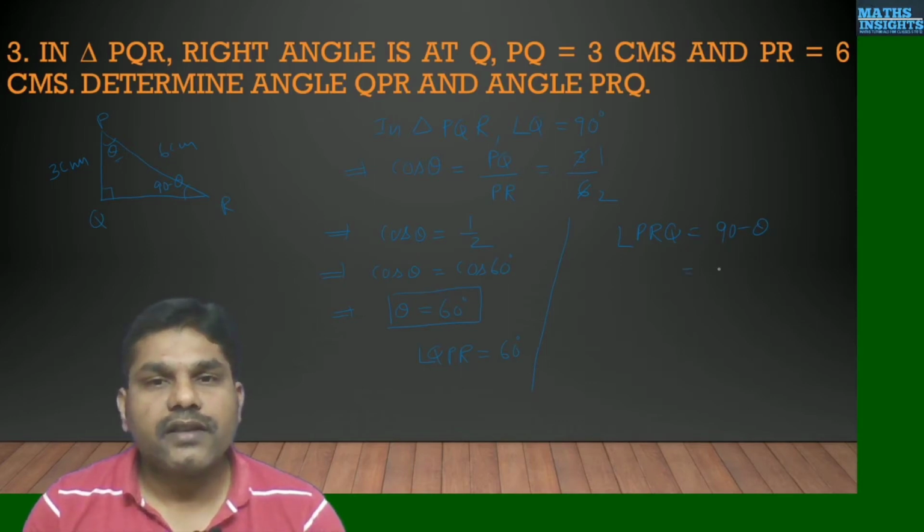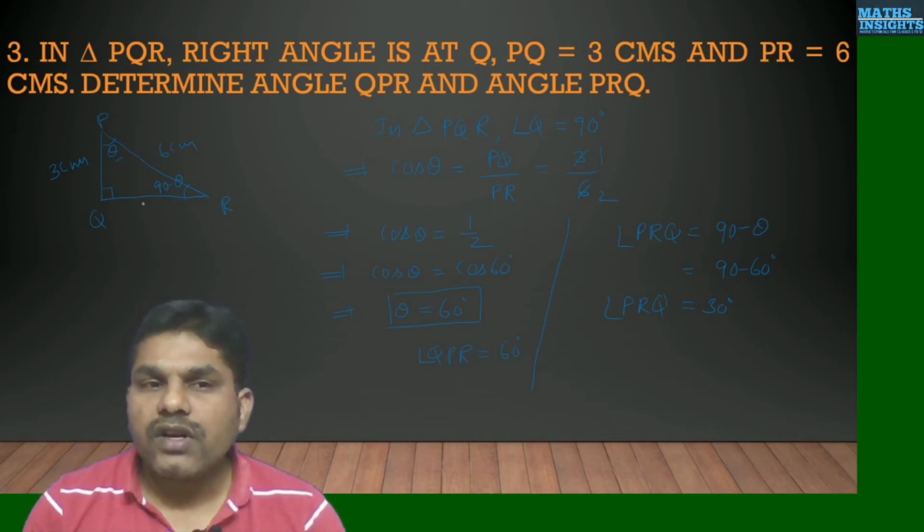You calculated theta already, so 90 minus 60 is equal to 30 degrees. So this is very easy to find. Otherwise, you may apply any trigonometric ratio by taking the one known side and one unknown side. You know this side and this side, and you don't know this side. So you have to take a trigonometric ratio which involves the side which is adjacent to 90 minus theta.